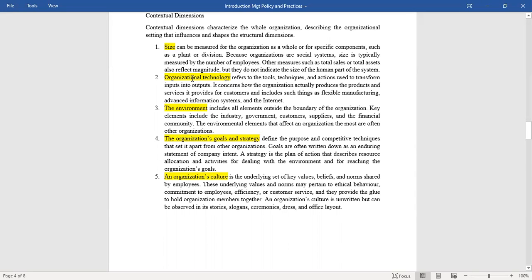that is a very important cultural factor. So organizations which are using a lot of technology, their internal structure or their structural dimension will be impacted accordingly. The environment. Now, the environment consists of the economic, social, and political conditions in which the organization is operating.